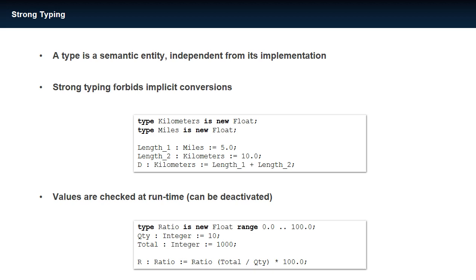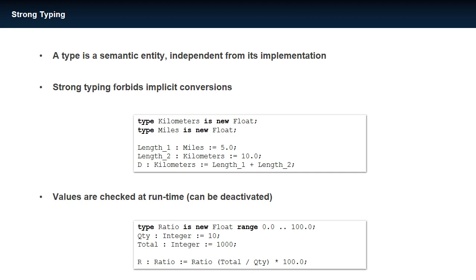In the expression in the last line, we are dividing two integers and then casting them to type ratio. Then we are multiplying the result by 100. Let's break down this expression into parts to see where the compiler might have an issue. We are dividing two integers and casting them to type ratio.